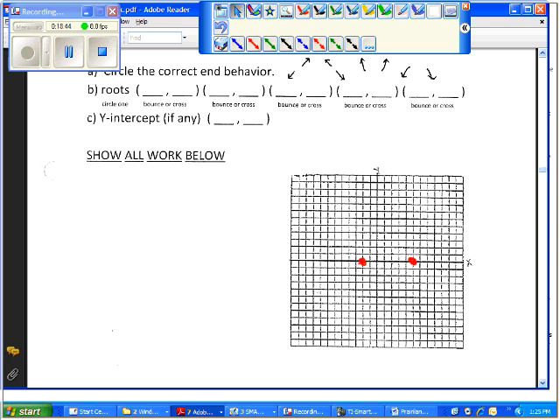We know that there's a y-intercept of 0, negative 10. 1, 2, 3, 4, 5, 6, 7, 8, 9, 10. All right, let everybody get that. Then we want to get our end behavior and our bouncing and crossing. We're not trying to draw a perfect graph. We want a general idea of what the graph would look like. Okay?